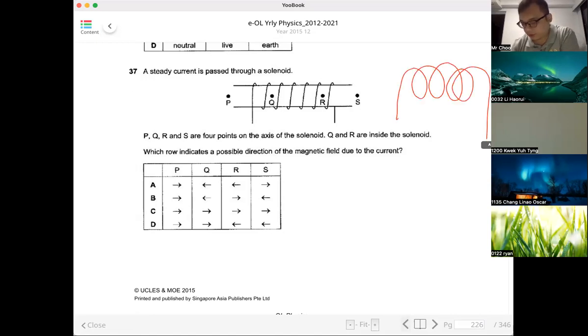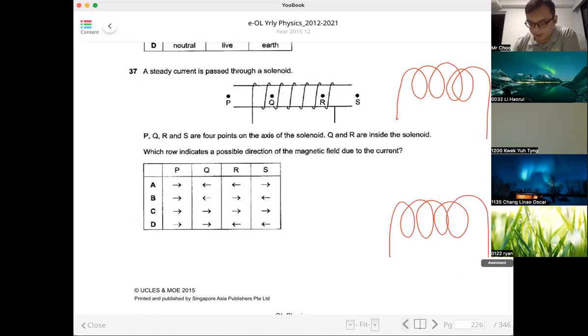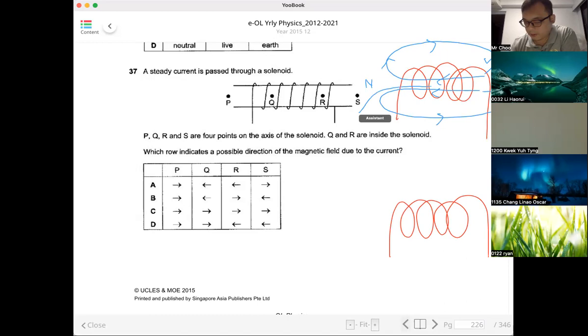Okay, there is only two scenarios for this type of question. I will show you the two scenarios, then you will know that this question is not that hard. One way is I let this be the north and this be the south. The magnetic field lines will look like this. Clear?